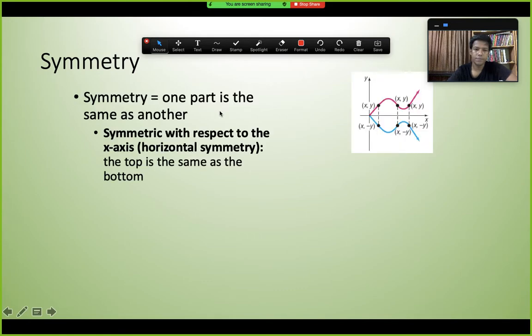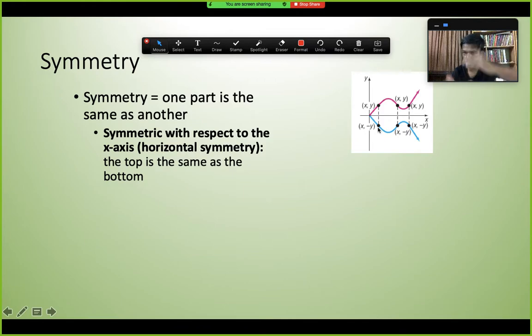See this. You see this red, this is symmetry about the x-axis. You see this red and this blue, these two curves are actually the same. If you fold it, they will fall one over another. See, this point will come here, this point will come here.